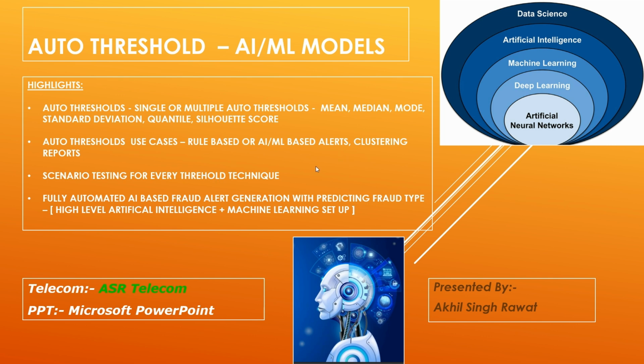So what remains is the clustering reports, and using the silhouette score, we have generated reports using auto thresholds. What happens is, when reports are generated, the AI based model will also be in the picture. When these reports are generated using the auto threshold technique, rule based alerts will also fire, and through the records of these rule based alerts, an AI model will be trained.